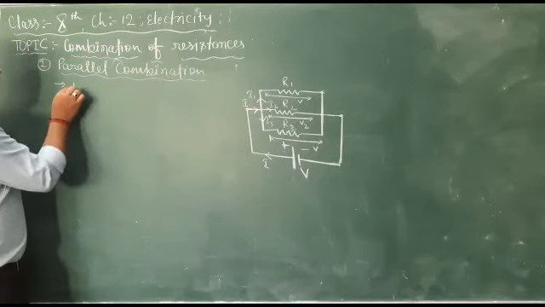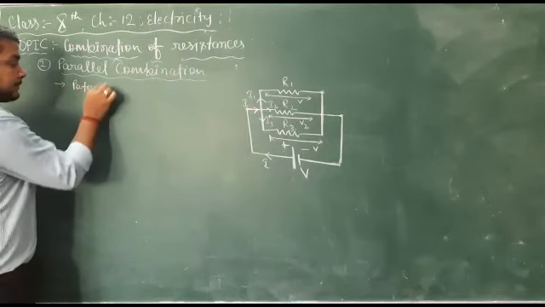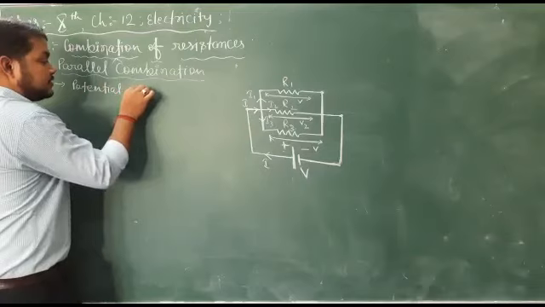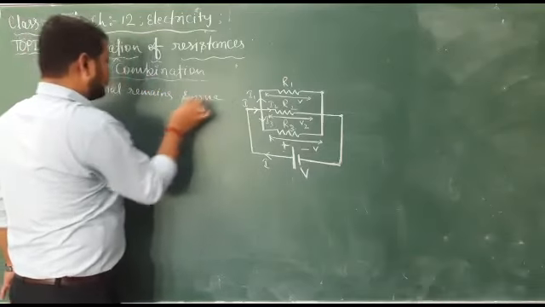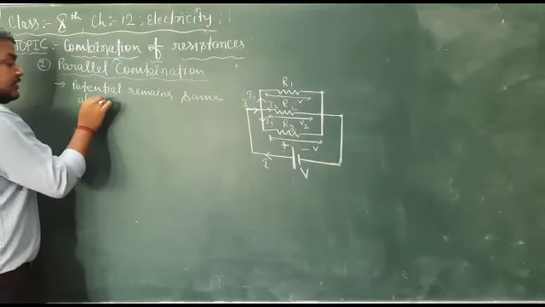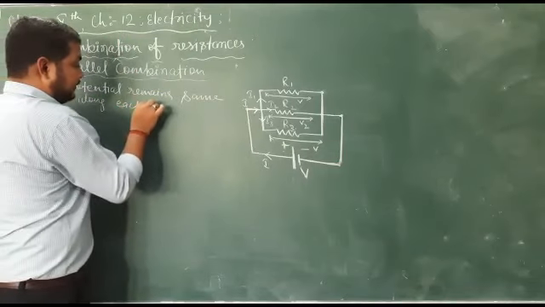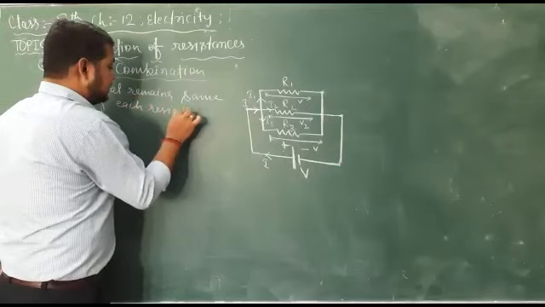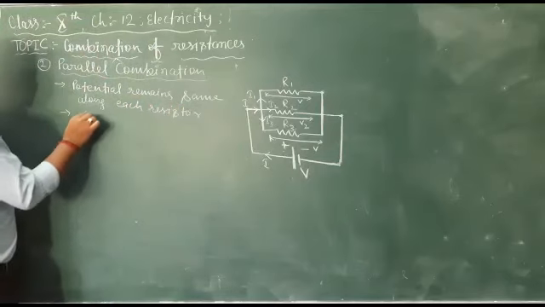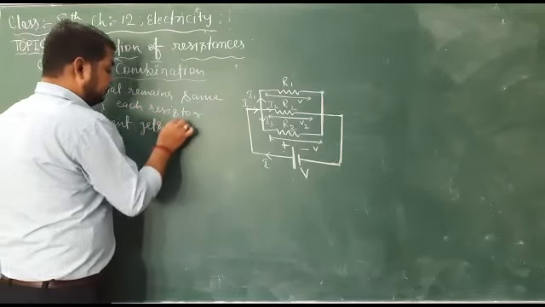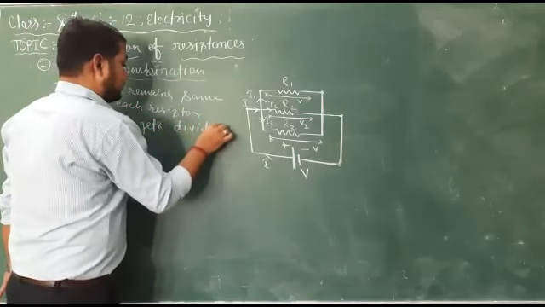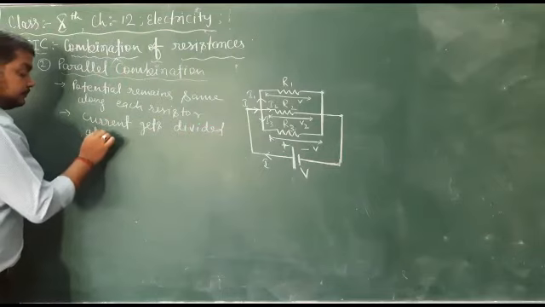Now in this combination, what do we have to notice? We have to notice that the potential remains the same along each resistor, and the value of current divides. Current gets divided along the branches.